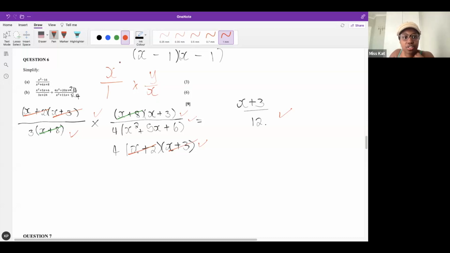So what do you do? You divide them, right? X goes into itself once, and at the bottom, x goes into itself once. So they cancel out. So look at the bracket, they are common brackets. So there's a whole x plus 2 and a whole x plus 2, so you can cancel them, as well as a whole x plus 3 and x plus 3, and an x plus 8 as well as x plus 8. Okay, thank you, miss.